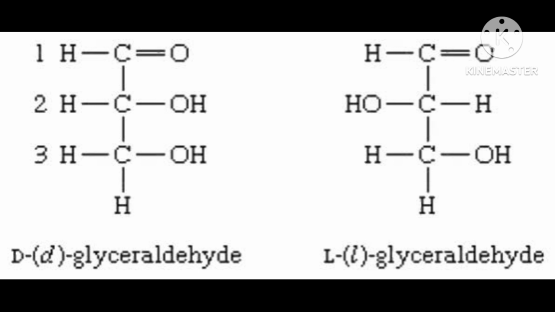You have seen alpha and beta, I am talking about that. The two cyclic hemiacetal forms, alpha and beta, are both in cyclic form. The two cyclic hemiacetal forms of glucose differ only in the configuration of the hydroxyl group at carbon 1, called the anomeric carbon.